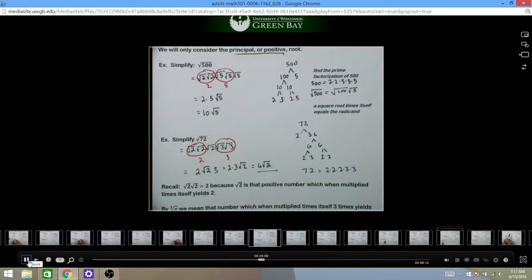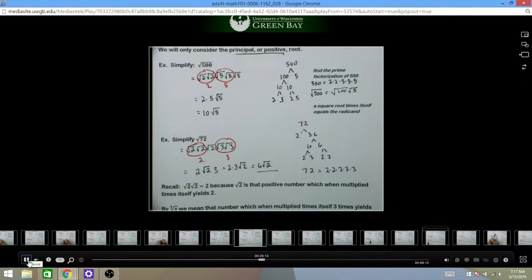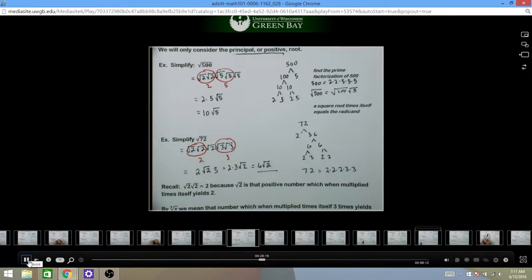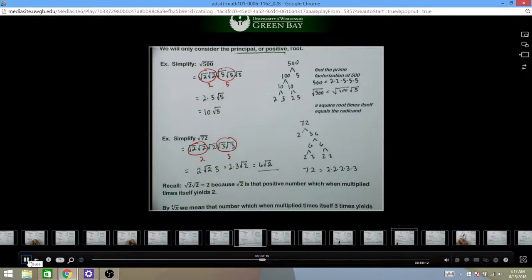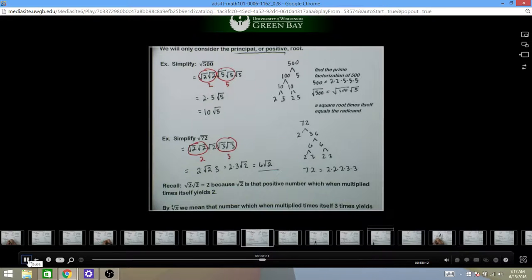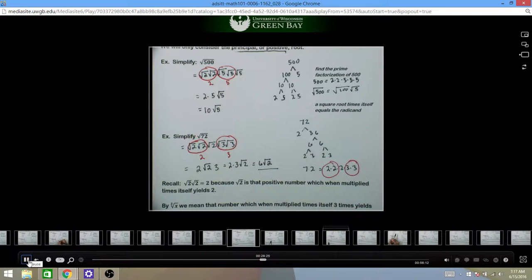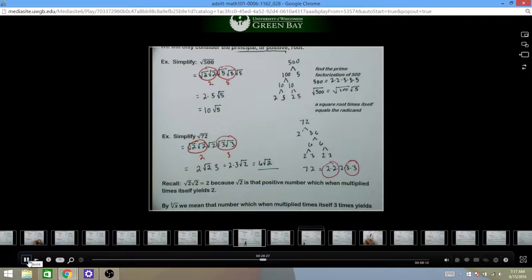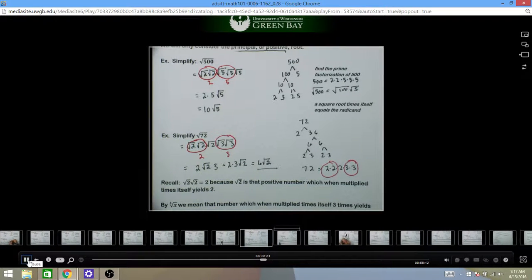So we want the radicand to be as small as possible, and that means that you would simplify by finding the prime factorization, and then you're looking for two matching factors, because those two square roots of 2 multiply to be 2, and the two square roots of 3 multiply to be 3, and so on. Does anybody have any questions?